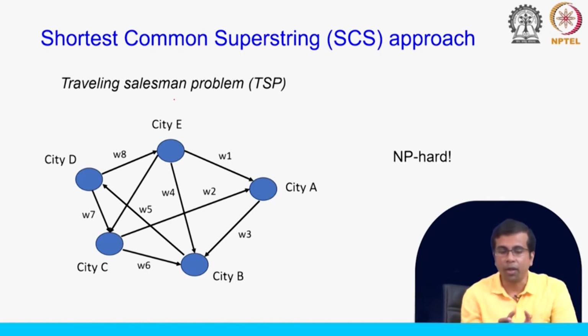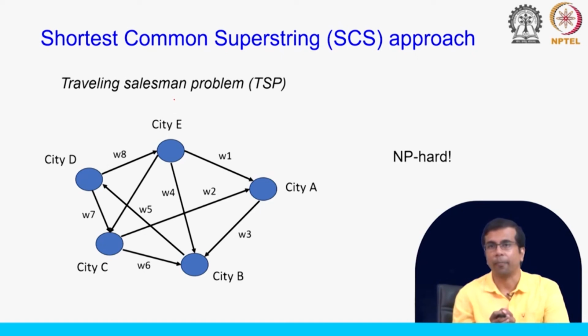For a small number of cities, we can still solve it within a reasonable amount of time, but as we start adding more nodes to that graph, this will increase very quickly. So, the time required to solve that problem will be quite long. You can imagine in our case, when you have millions or billions of reads, this is going to take a long time.